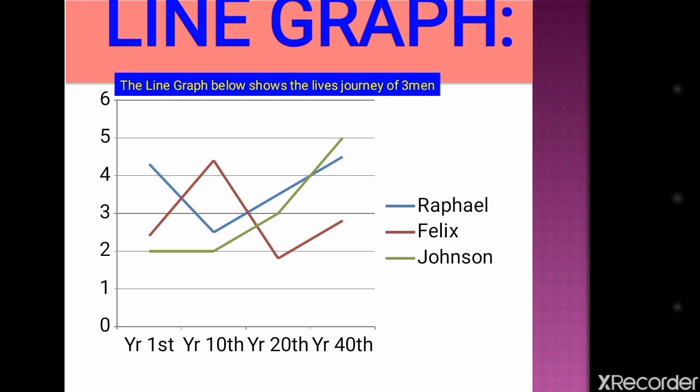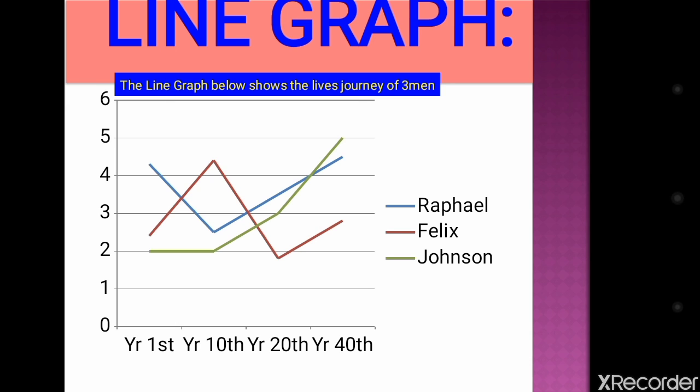The line graph below shows the life's journey of three men. We've seen this graph before. You can see Johnson starting from the second level of life in the first year. In that same first year, you discover that Raphael has the highest level of life.